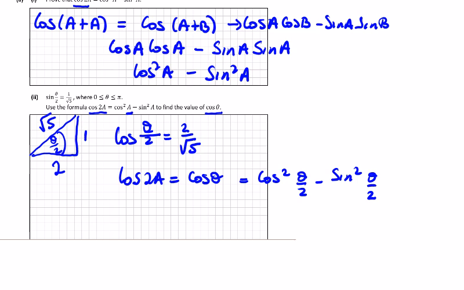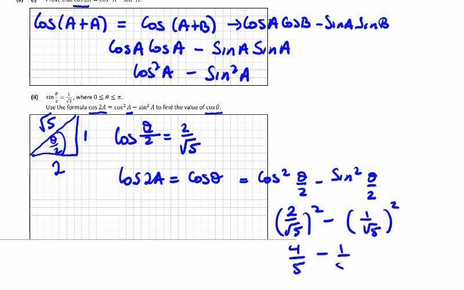And we've got the cos of theta over 2 to be 2 over root 5, so 2 over root 5 squared minus the sine of theta over 2, which is 1 over root 5, squared. So that's going to give 4 over 5 minus 1 over 5, which is equal to 3 over 5.